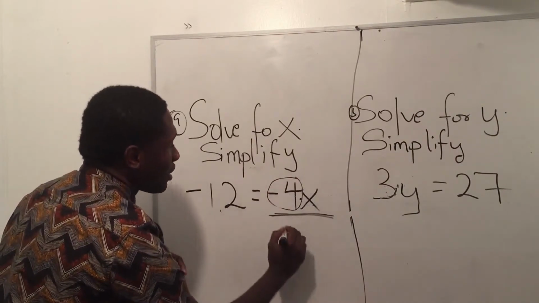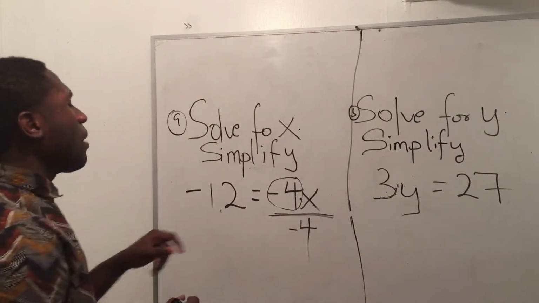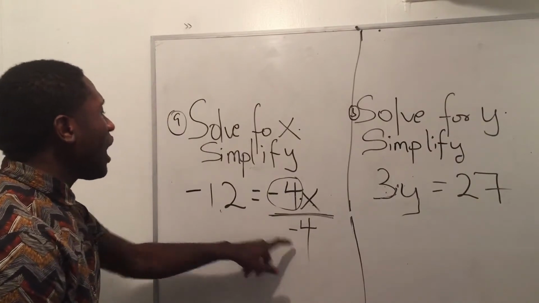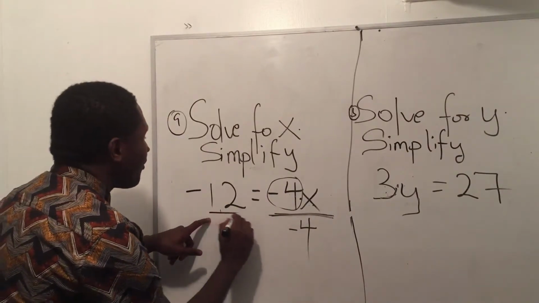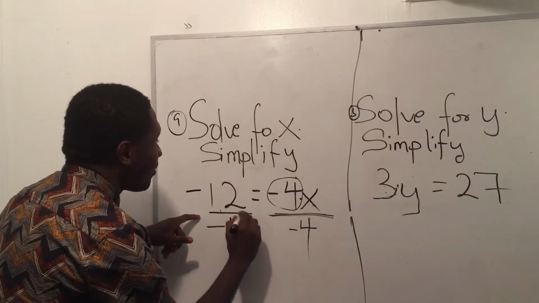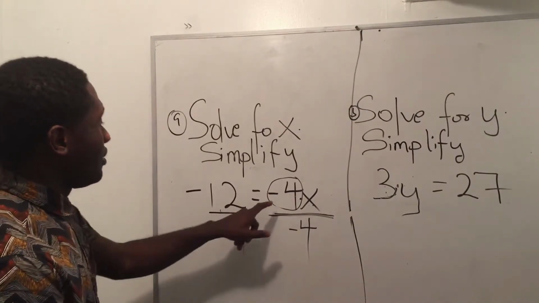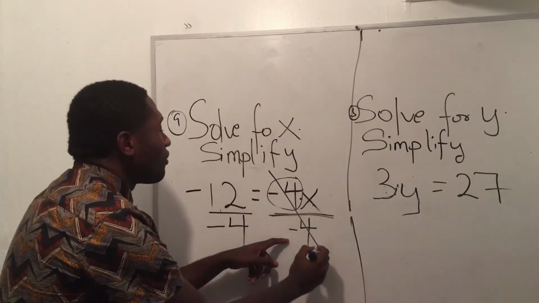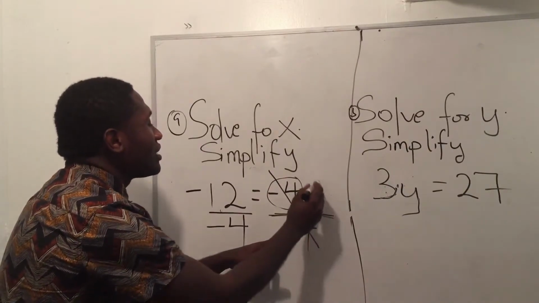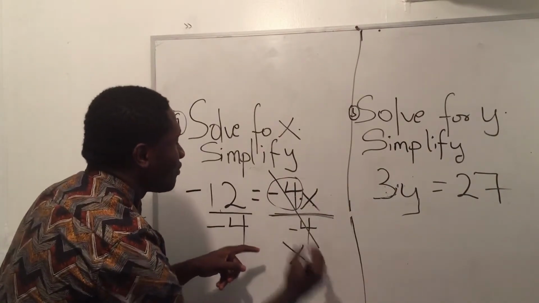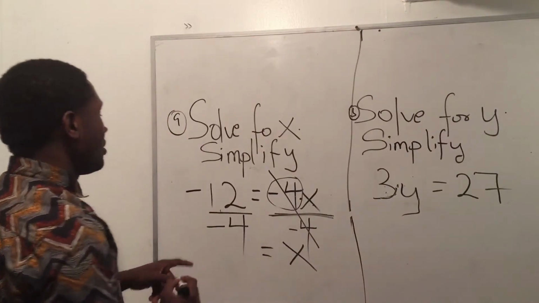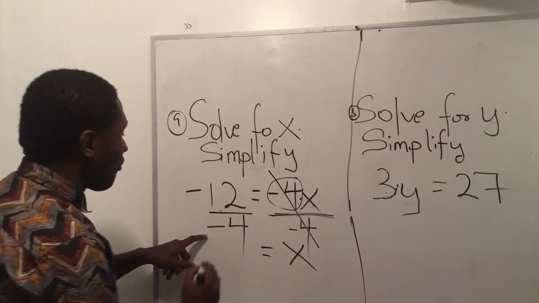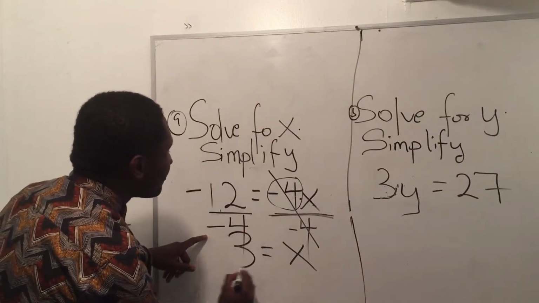So I divide by -4. And whatever I do on one side, I have to do the same thing on the other side. So I divide this also by -4. These two -4s will cancel out, and that is how I get the x by itself. x equals -12 divided by -4, which is +3.